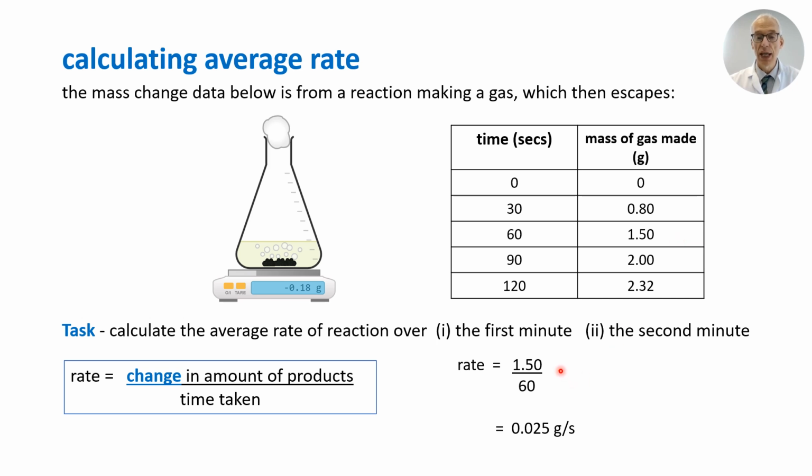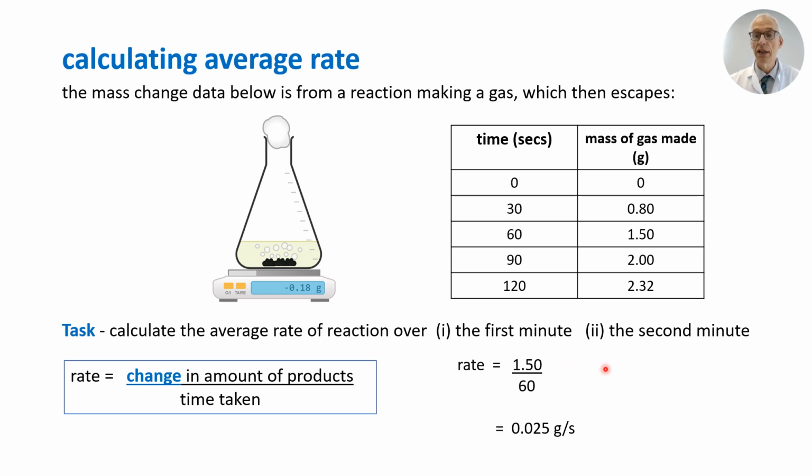So if we then do rate in grams per second, 1.5 divided by 60 is 0.025 grams per second. Notice the unit always has a time unit within it.